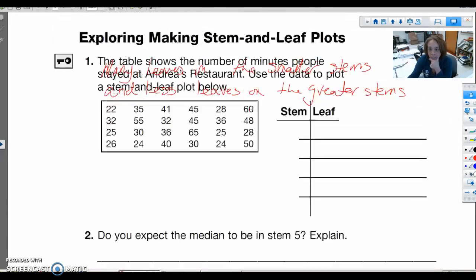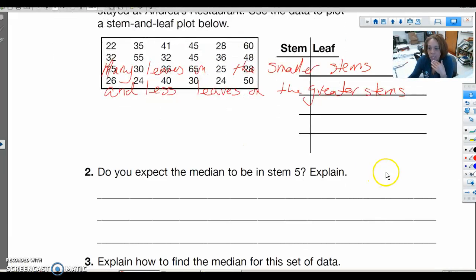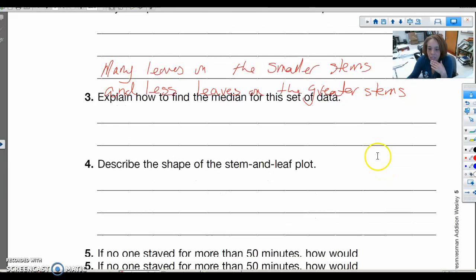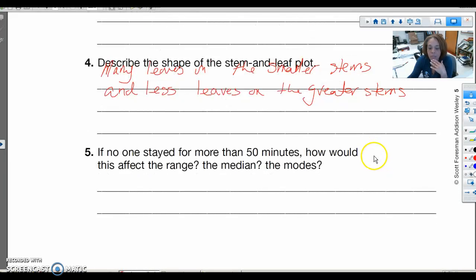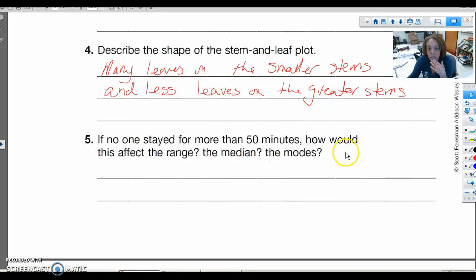Well, if we took off all the 5s and 6s, nobody stayed for 50 or 60 minutes or more. That means our range would be much less. Okay, the range again is the difference between the least and the greatest.